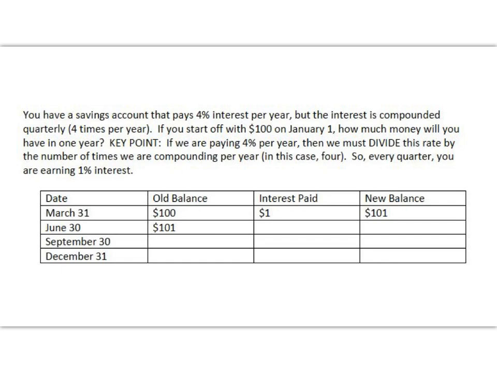So at the end of March, you've got $101 because you earned 1% interest. Now, for the end of June, the second quarter, you didn't just earn 101, you earned a whole extra penny there because $1.01 is 1% of 101. So now what you will have at the end of 2 quarters is 102 and 1 cent.